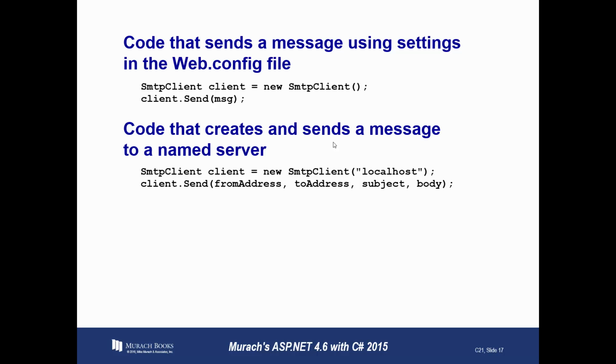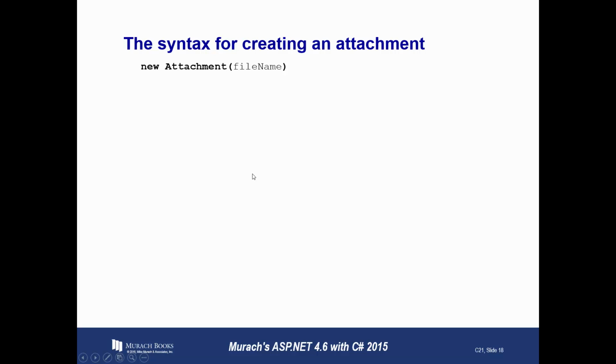So this example right here shows how to send an email message using the settings in web.config. It also illustrates how to send a message that's been stored in a mail message object. This third example shows how you can send a mail message without creating a mail message object.